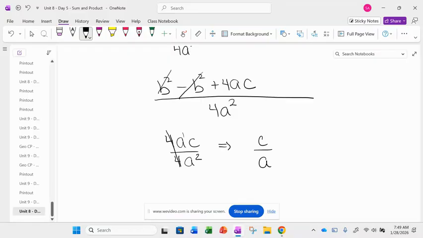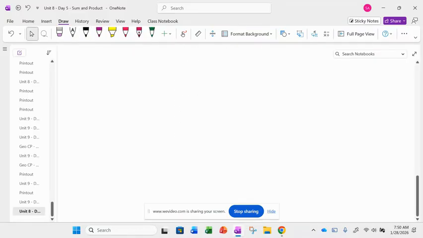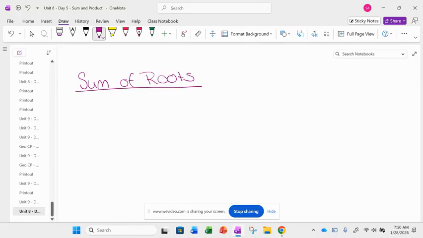Just for fun, in case you cared. Okay, so let's sum it up. The sum of the roots, so root 1 plus root 2, will always be negative b over a.